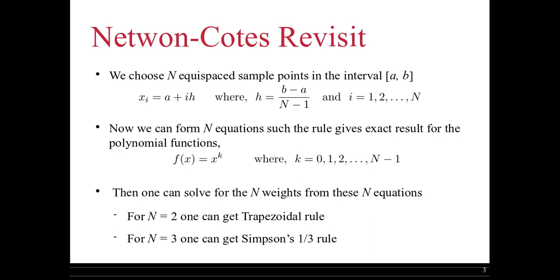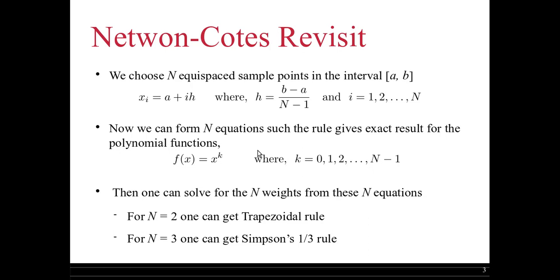N. So n weight factors are unknown, and you can determine them from these n equations, using functions like x to the power k, where k is 0 to n minus 1. That means you can form n functions, and with a linear superposition of these functions, you can form any polynomial of degree n minus 1.